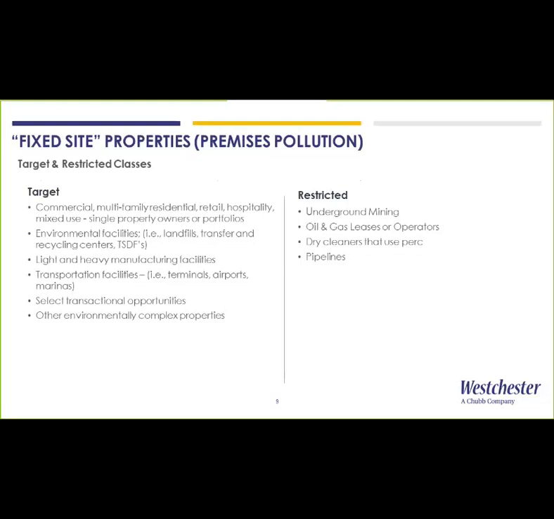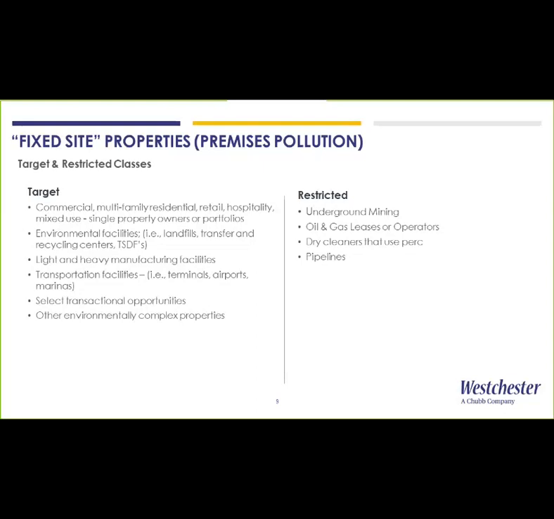But basically where we've been successful writing site pollution is a myriad of commercial, habitational, residential, retail, hospitality, mixed-use type properties, anything from apartments and condo associations to strip malls to tune and lube places, car dealerships, just to mention some that have, if you will, a slightly lower exposure to pollutants, depending where they're located. And then obviously we can write any type of environmental facility like landfills, transfer stations, recycling centers.